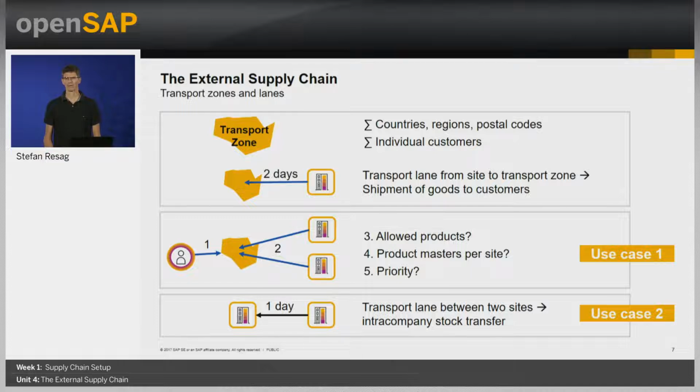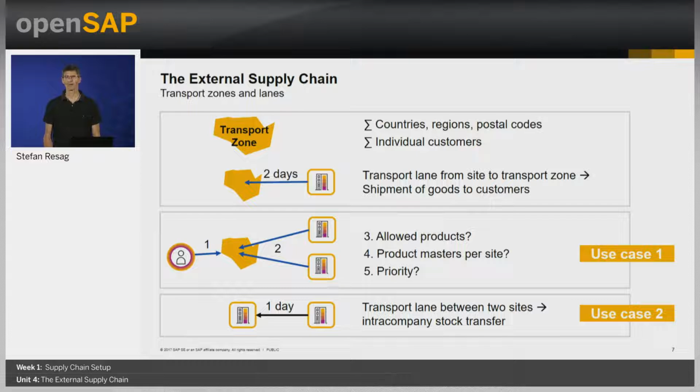Now let's talk about the transport lanes. You can use them to define which goods can be shipped within a certain time from a specific site to a specific transport zone. Let me explain what steps are taken by the system when a sales order for a supply chain material is entered.